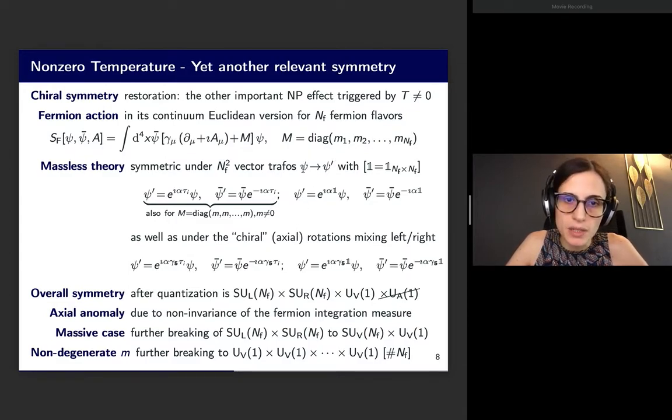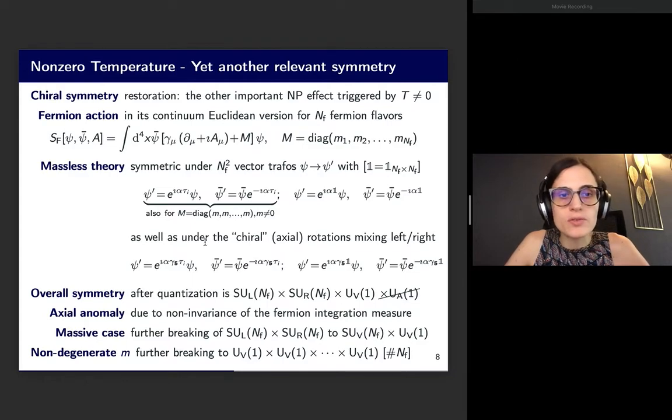So we take the spinor and we send it into a transformed spinor, either via N_F squared vector transformations of this type, and in this case we can safely figure out that the massless theory is symmetric under this kind of transformations. Actually, for the first two you can even have degenerate non-zero masses and still the symmetry would be fulfilled.